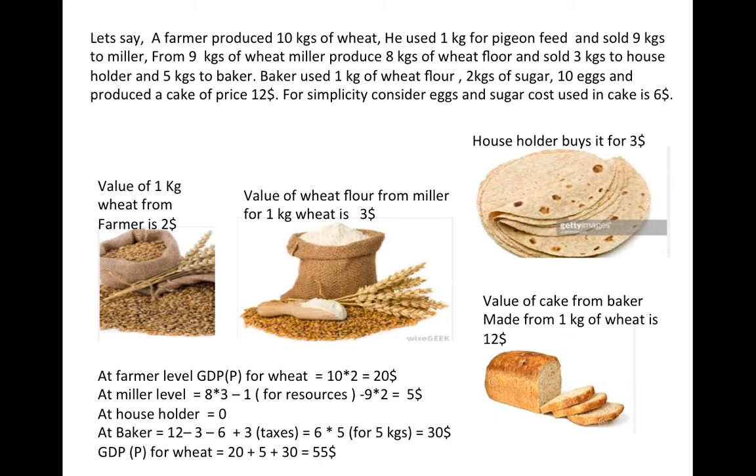This is for the cost of eggs and sugar, which we have already fixed as $6, plus taxes for selling, plus 3, which is equivalent to 6, and he made 5 cakes out of it. 6 into 5, which is $30. Now the GDP for wheat is 20, which is at farmer level, and the value added by the miller is $5, and the value added by the baker for preparing cake is $30, so total is $55.